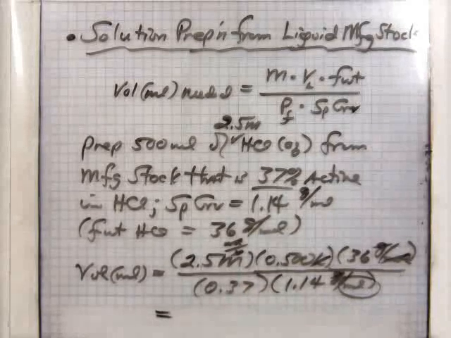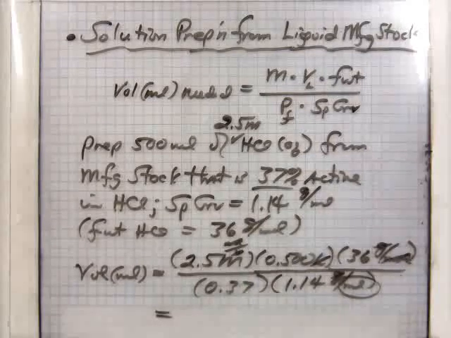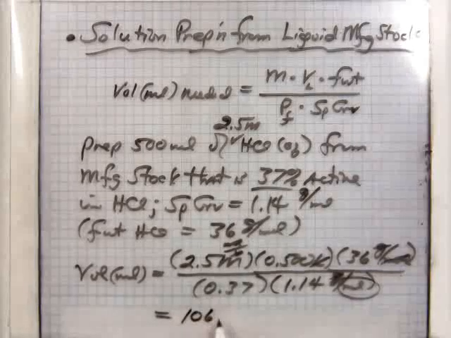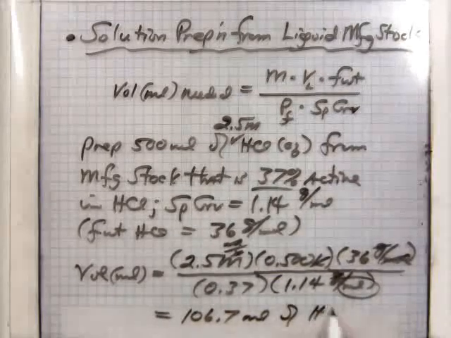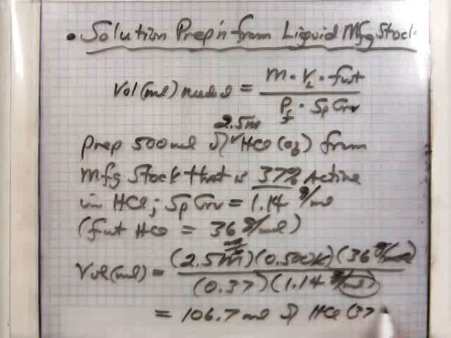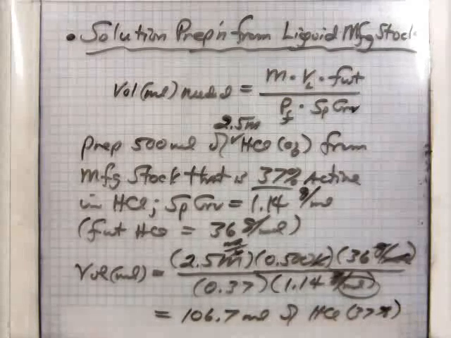So in this computation, 2.5 times 0.5 times 36 divided by 0.37 divided by 1.14 equals 106.7 milliliters of HCl, 37%.